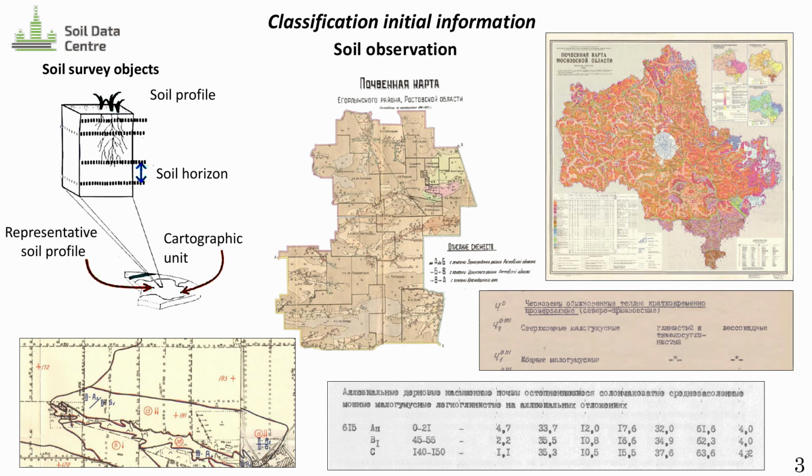The main objects of soil survey in Russia are soil profile, soil horizon, cartographic unit, representative soil profile. Examples of soil observation data are legacy soil maps and reports, descriptions of soil profiles, soil lists and many others.